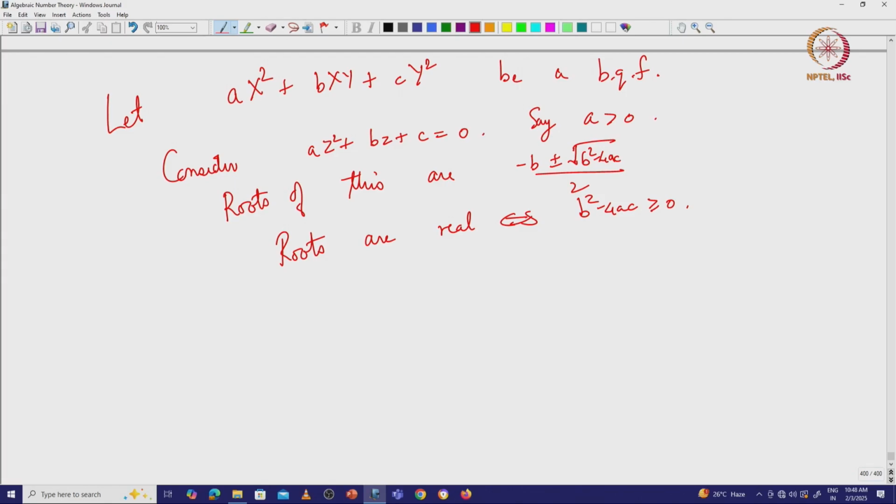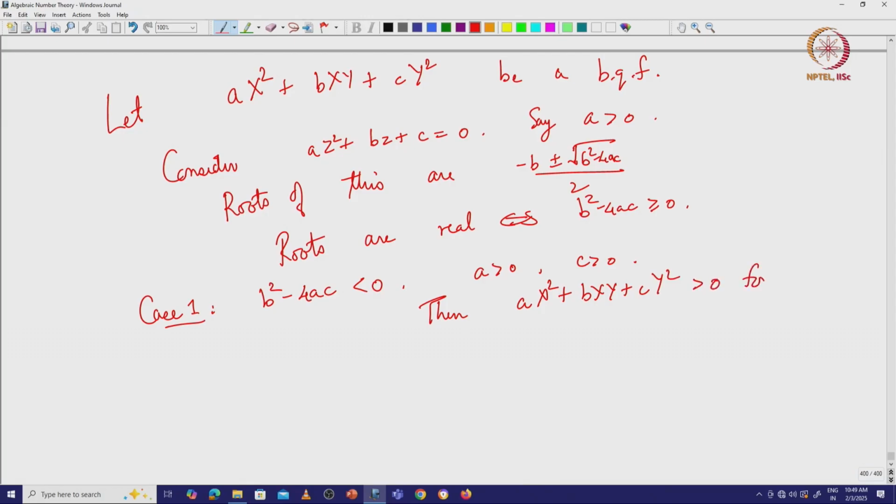So, what happens if the roots are not real? So, there are two cases, maybe 3 cases, but let us say this is the case: b squared minus 4ac is less than 0, and a is bigger than 0, so c is bigger than 0. Okay. Then ax squared plus bxy plus cy squared is always bigger than 0 for (x, y) not equal to (0, 0).